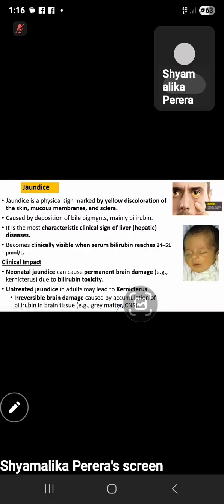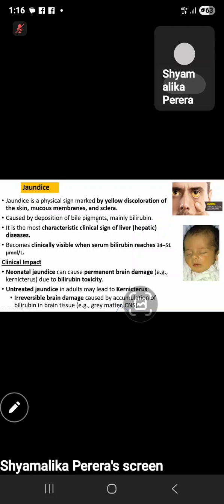Sometimes in neonates, you can observe it through the skin, that yellowish skin color. This can be due to the deposition of bile pigments, mainly bilirubin. It is the most characteristic clinical sign of liver disease.